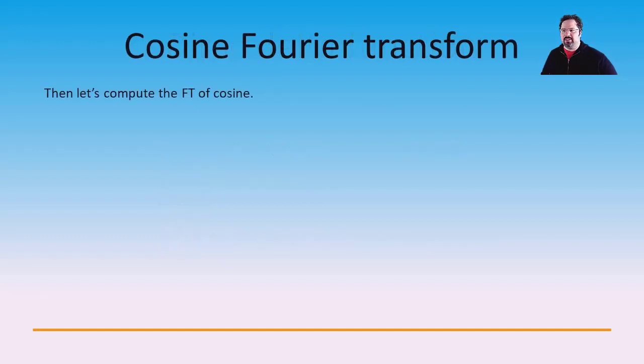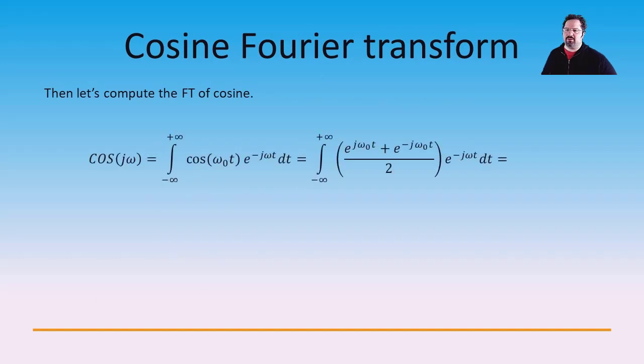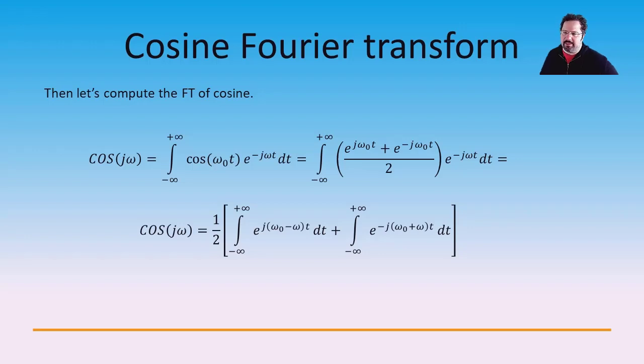Then let's compute the Fourier transform of cosine. The Fourier transform of cosine is the integral of cosine ω0 t times e^(−jωt) dt. And then we can substitute the expression we saw in the previous slides, and we end up with this integral expression that is absolutely not trivial to compute.